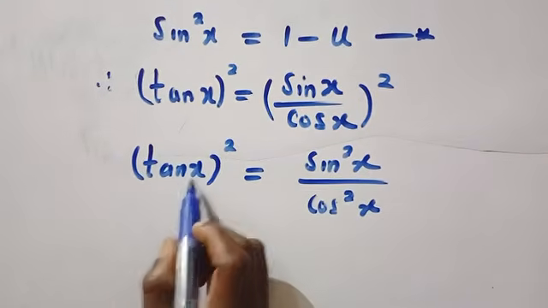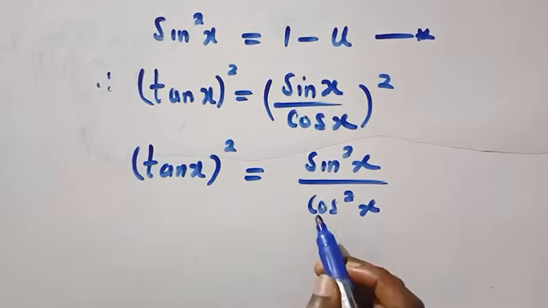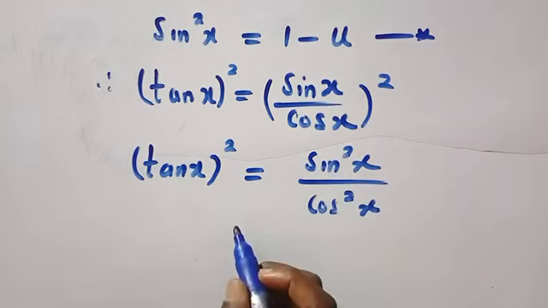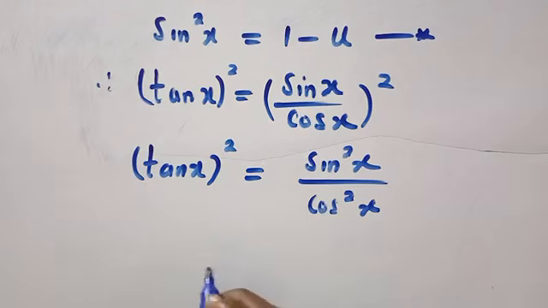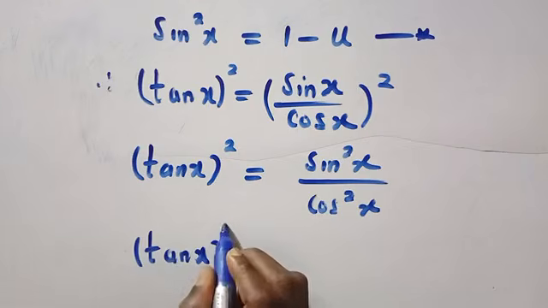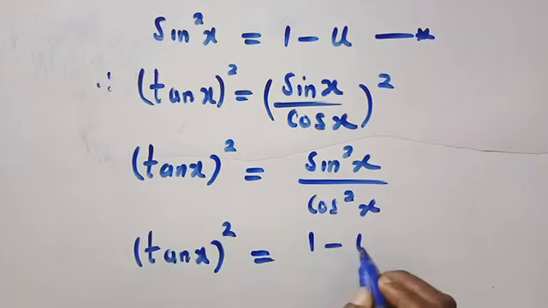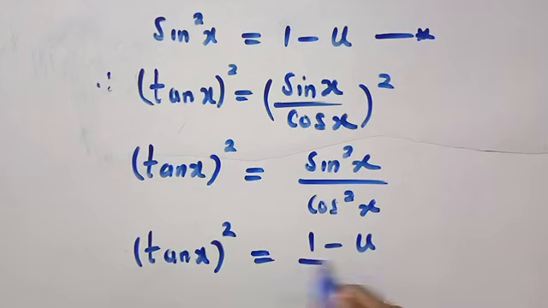Since it is to express tan x in terms of u, and sine squared x is given as 1 minus u, let's quickly replace this. We have tan squared x equals sine squared x, that is 1 minus u, divided by cos squared x, that is u.